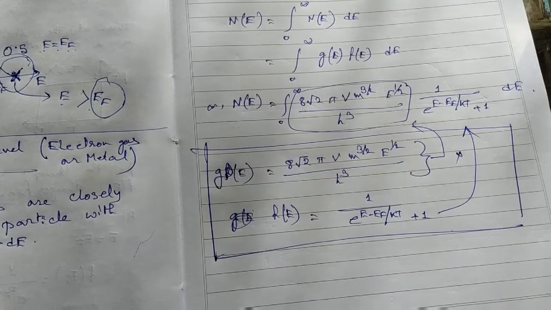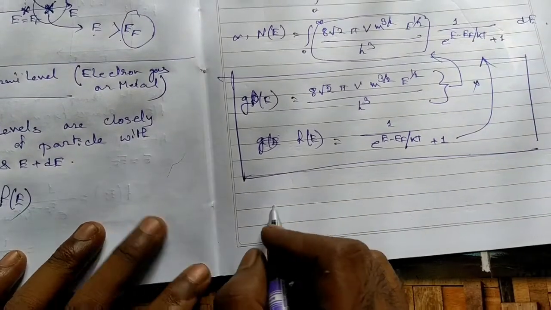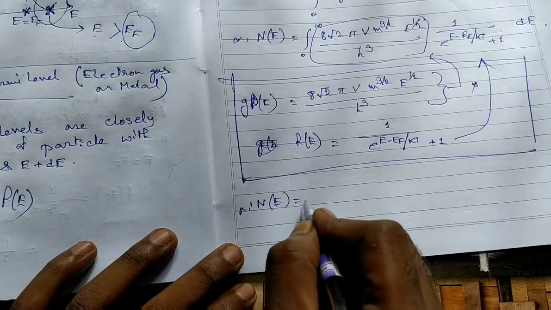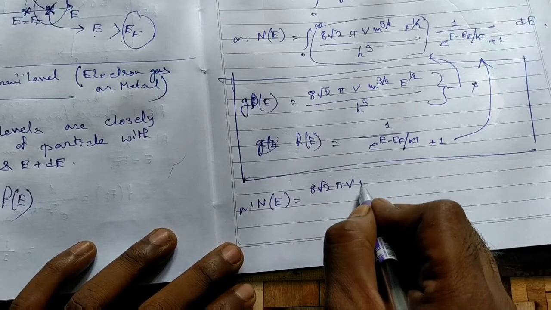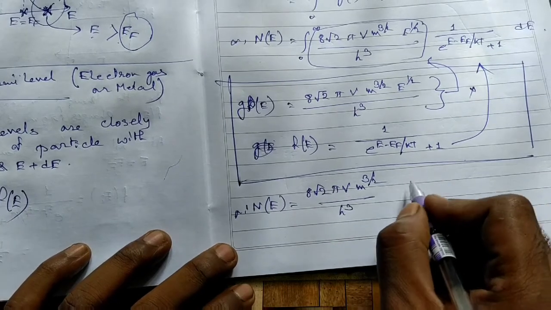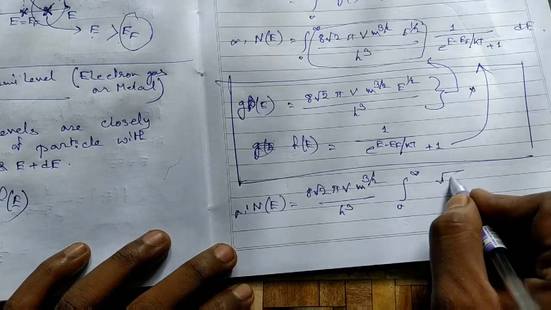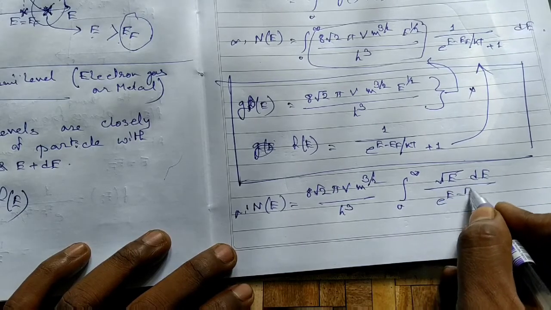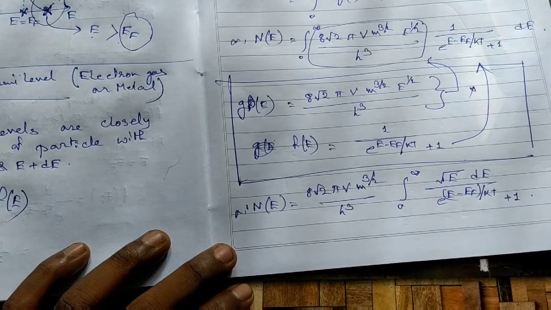Okay, now try to integrate this equation. N equals 8, a constant, root 2, a constant, pi, a constant, V, the volume, which is always constant, mass is constant, Planck constant is constant, times the integral from 0 to infinity of root E dE by e to the power (E minus EF) by kT plus 1.